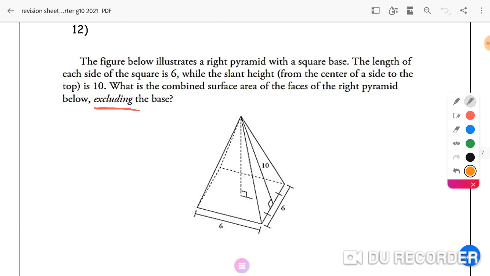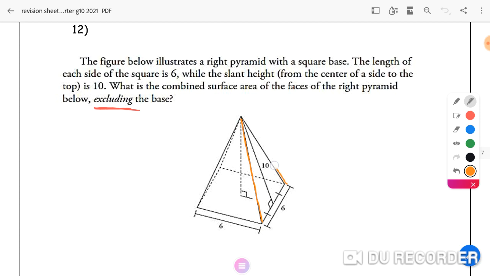Here we are required to find out the area of the 4 faces of this pyramid, okay? And we don't have to calculate the area of the base since it is not required. So let's try to unfold these faces. Let's unfold this pyramid.